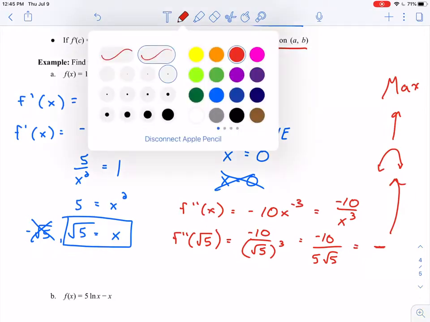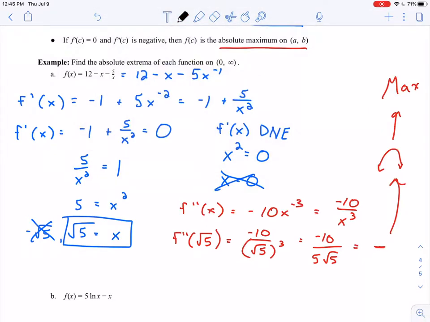So if I wanted to talk about the absolute maximum, or actually say what it is, I have an absolute maximum at f of square root of 5, and then I'll take square root of 5, plug that into my original function, because remember, that's what tells me the y value, and that's actually what we're talking about when we talk about absolute extrema. So this would be 12 minus square root of 5 minus 5 over square root of 5.